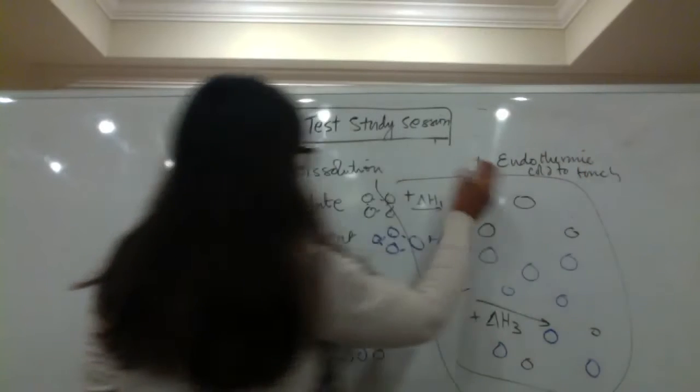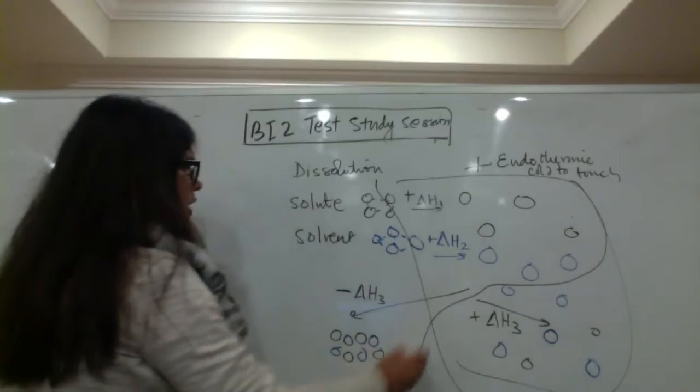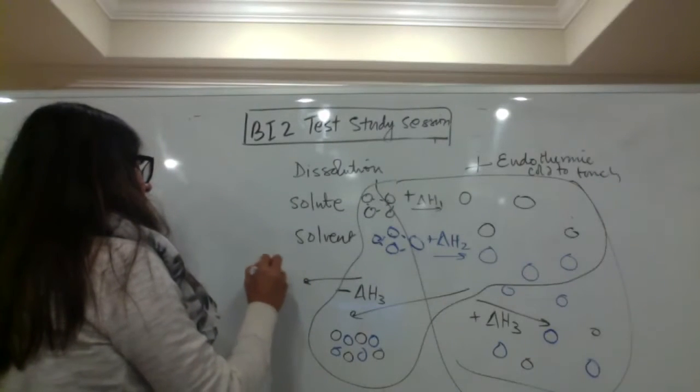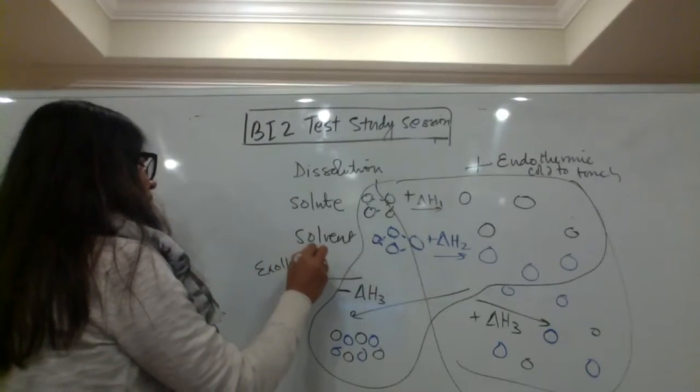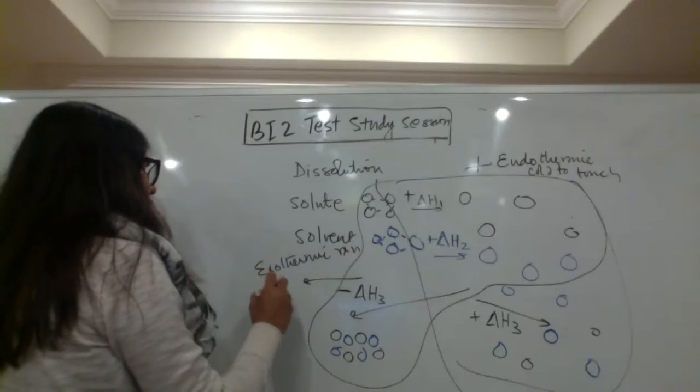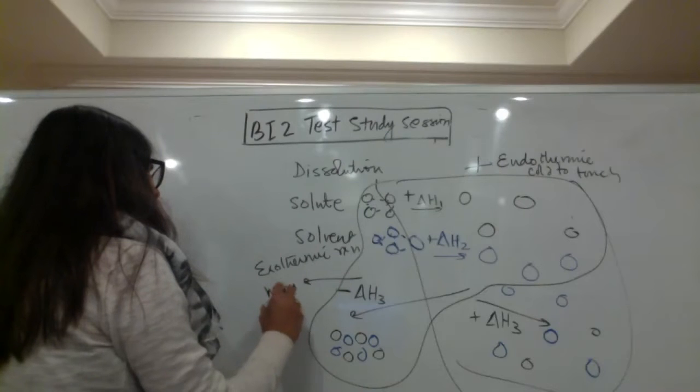And if this case happens where delta H1, H2 positive but H3 negative, in this case, it is an exothermic reaction, or heat is given out, or the overall reaction feels warm to touch.